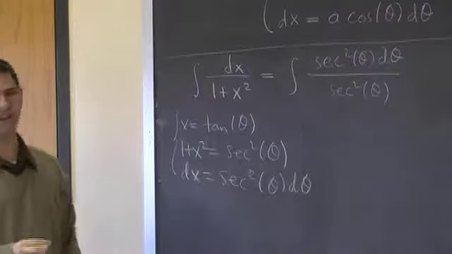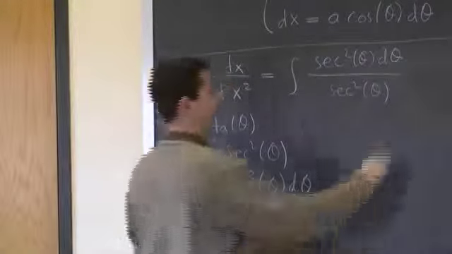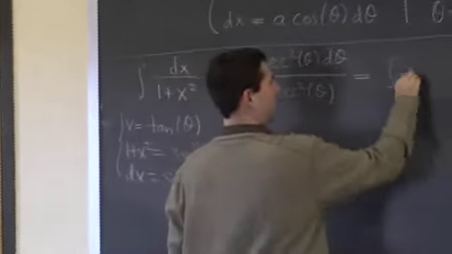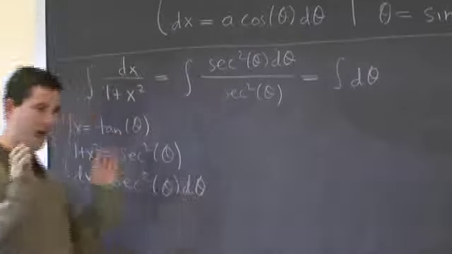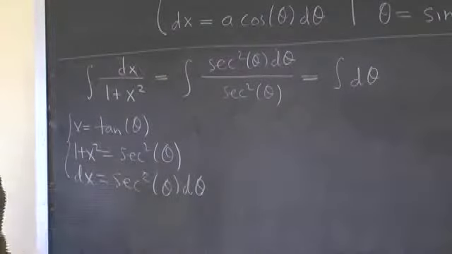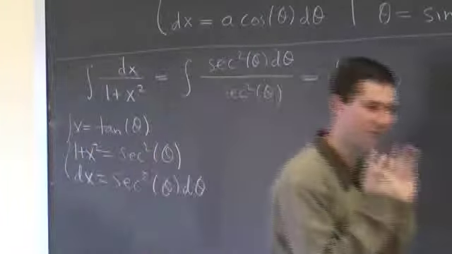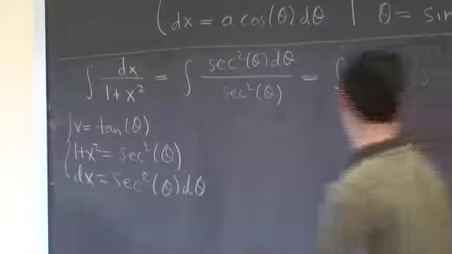And now this is really sweet. The secant squares cancel, and you reduce to this. Now, that is as perfect a substitution as you could possibly make. It could not get any better than that.